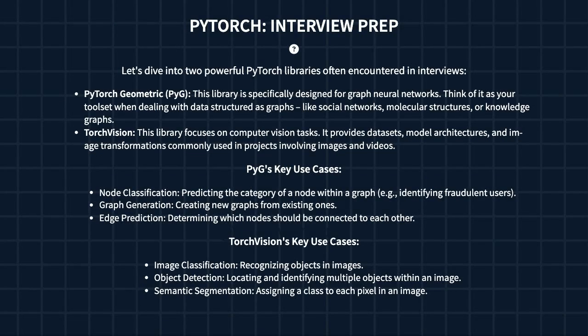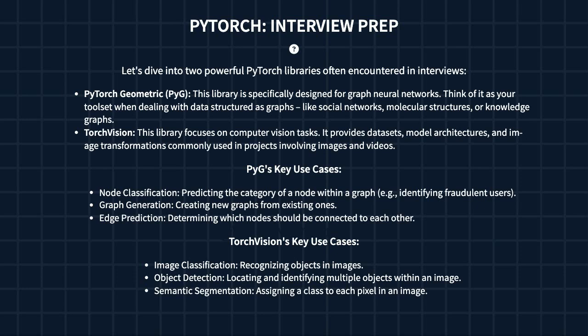Okay, let's talk about two really important tools in the PyTorch ecosystem: PyTorch Geometric and TorchVision. PyTorch Geometric is all about graphs. It's your go-to library if you're working with data that has connections between things, like people on a social network or molecules in chemistry. It lets you build and analyze these graph structures using powerful neural networks.